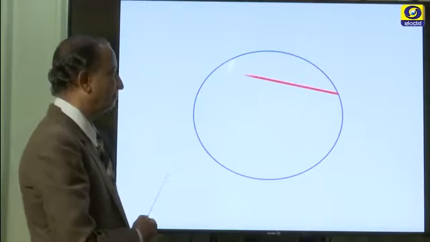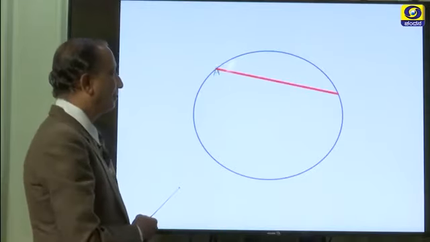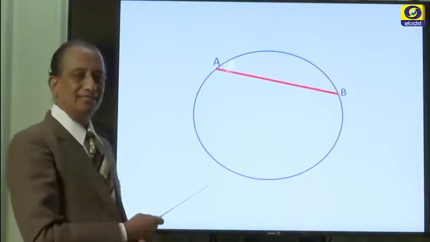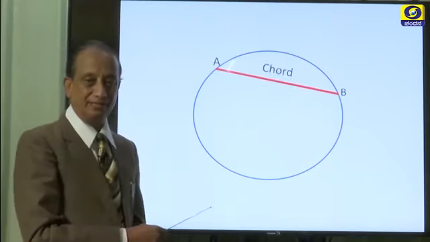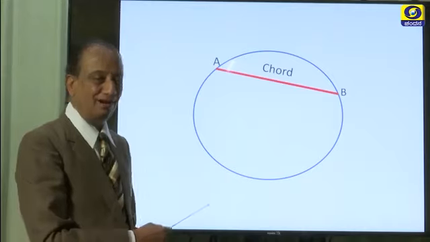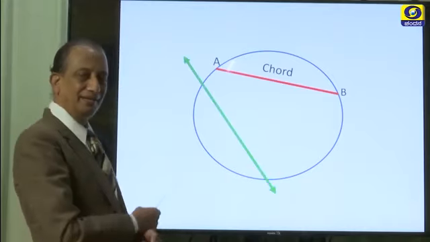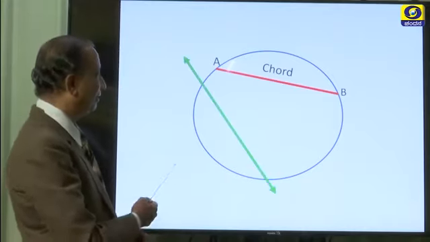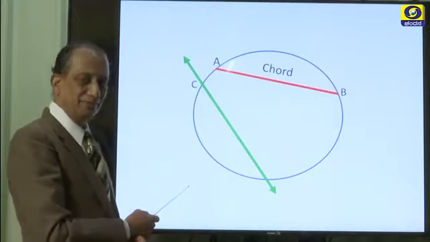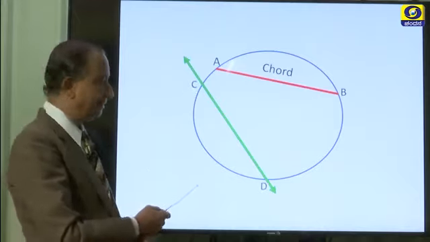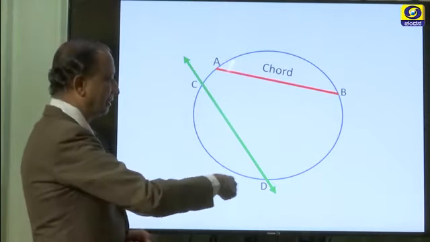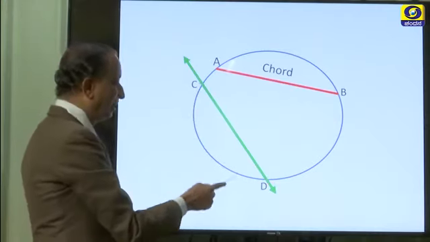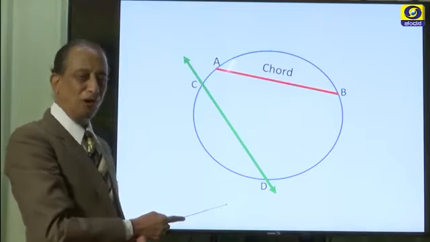Here is a circle, here is a line segment, you can call it AB. This is called a chord, C-H-O-R-D, chord. Here is another straight line, let us name this CD. It is a straight line which is cutting the circumference of the circle at 2 distinct points.